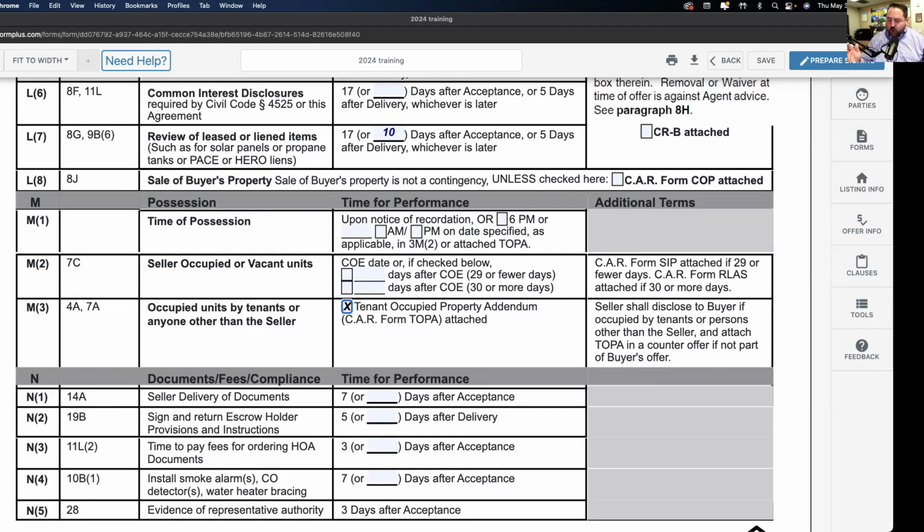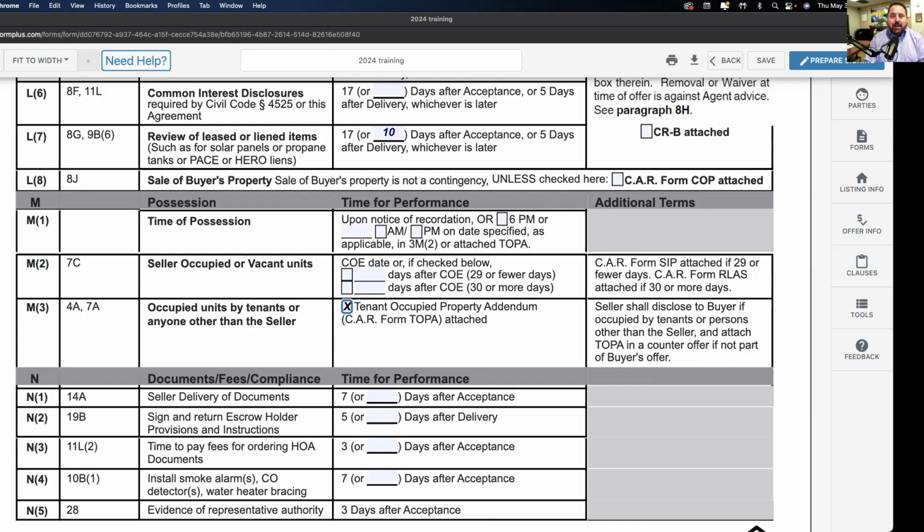If you are in the state of California, which I assume all of you are that are on this, and you're writing an offer on a property that is tenant occupied, that is 2 units or more, not single family, 2 units or more, and the seller doesn't live in one of the units, you are probably 99% of the time not going to get a unit vacant.